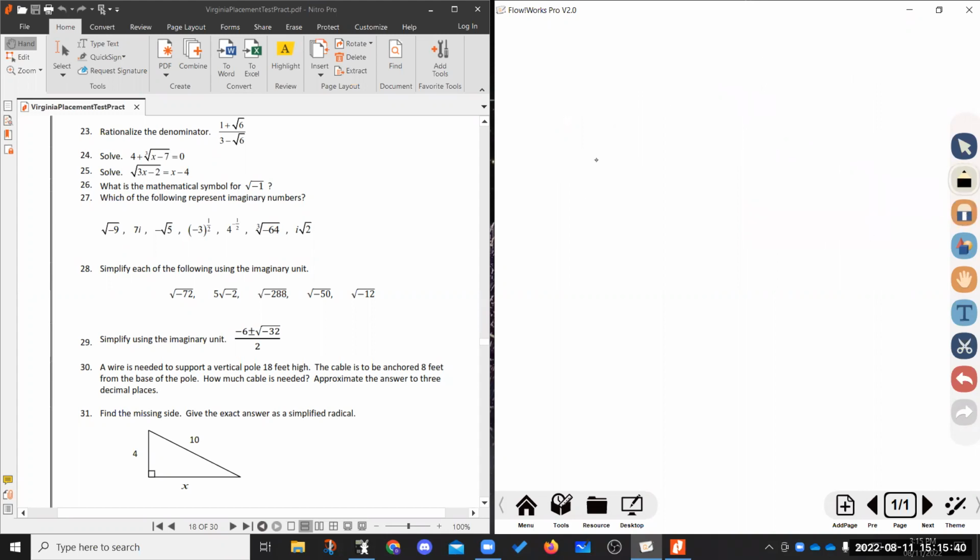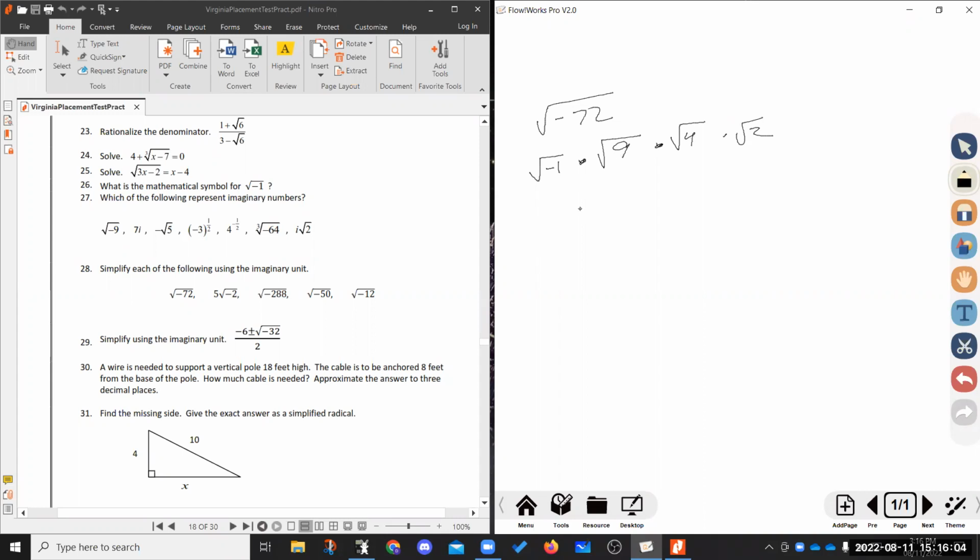Now they want us to simplify using the imaginary unit. So this is going to be root -1 times 9 times 8, and 8 is 4 times 2.